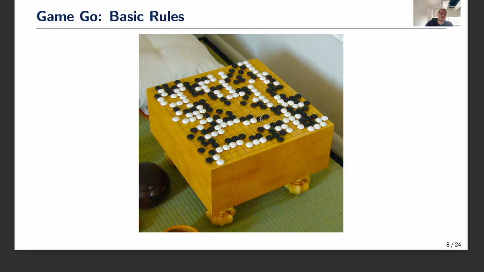Also, you can't make a move that immediately repeats a previous board state. This is the Ko rule. You are allowed to pass your turn, and the game ends when both players pass. Then territory is counted.